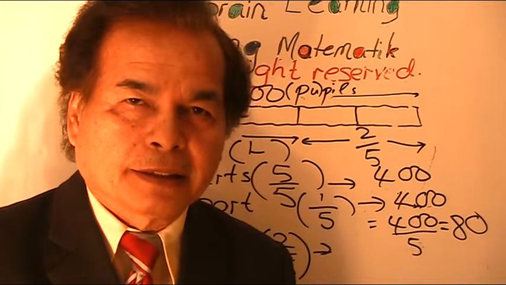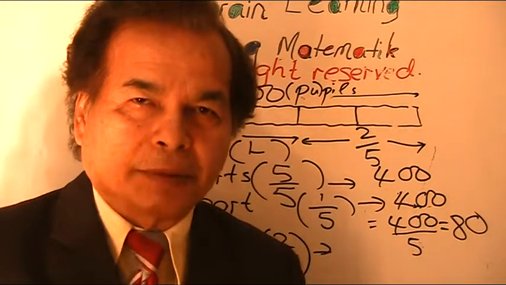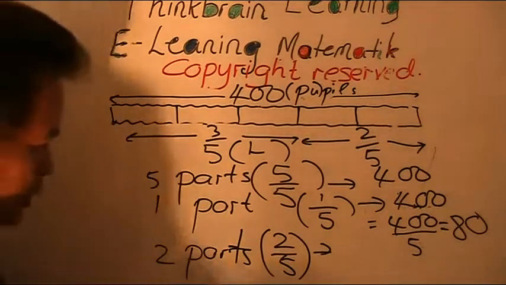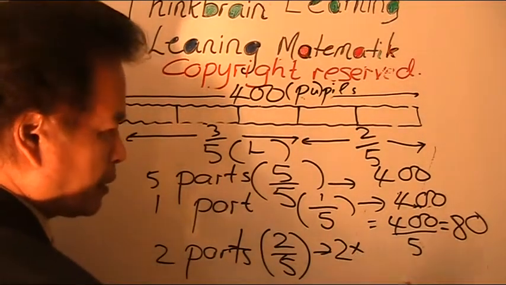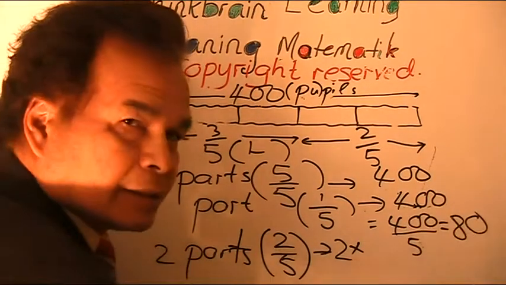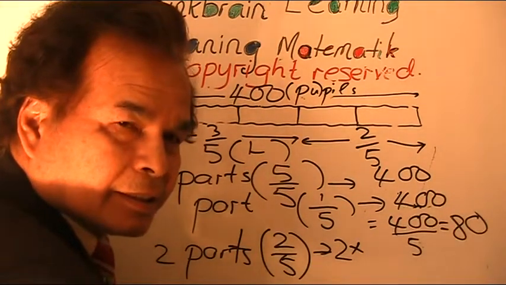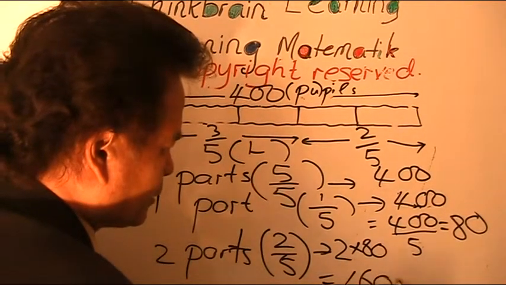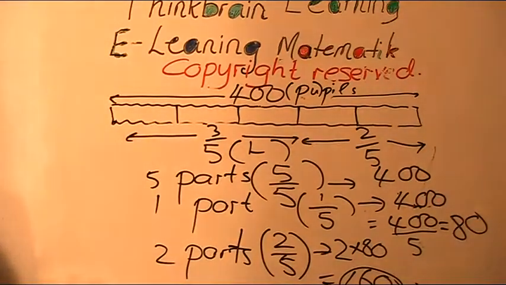Bagi kali. So kali dengan apa? Right, 2 times by 80 equals to 160. See?